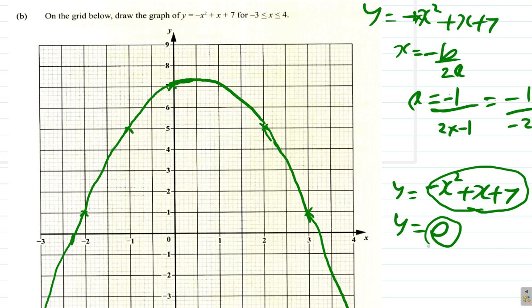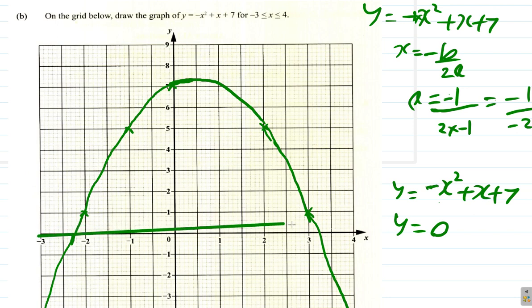Alright? Where do they meet? Let us see. Remember, the curve y equals 0 is the x-axis. So you're really looking at where the curve intersects the x-axis. It seems as if it's negative 2.25.